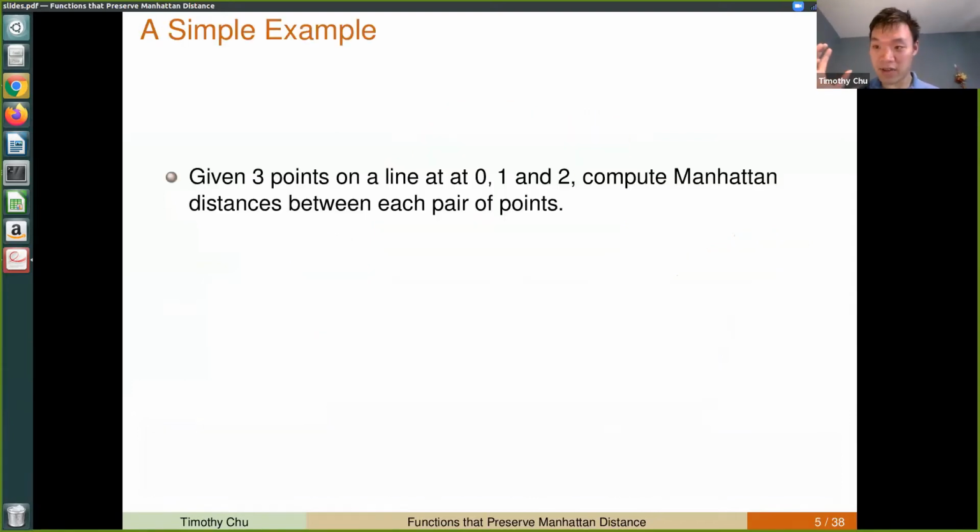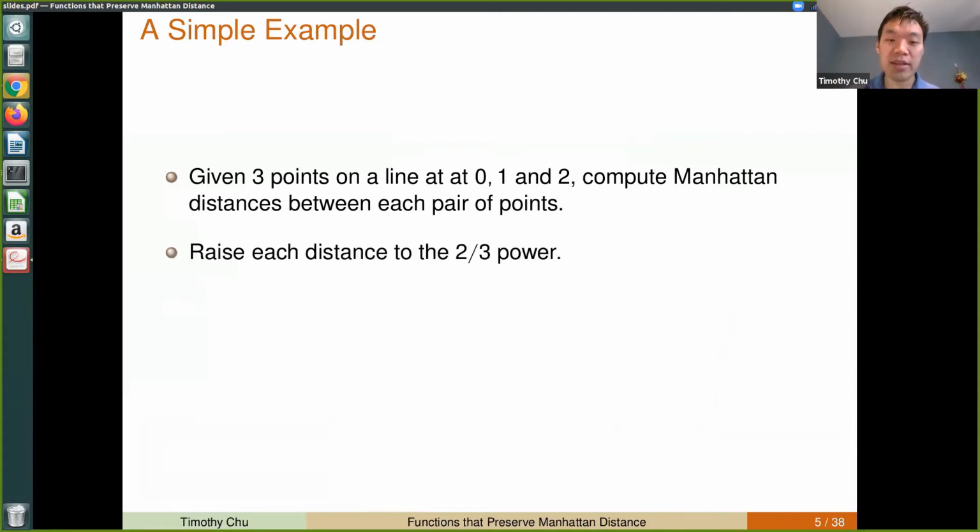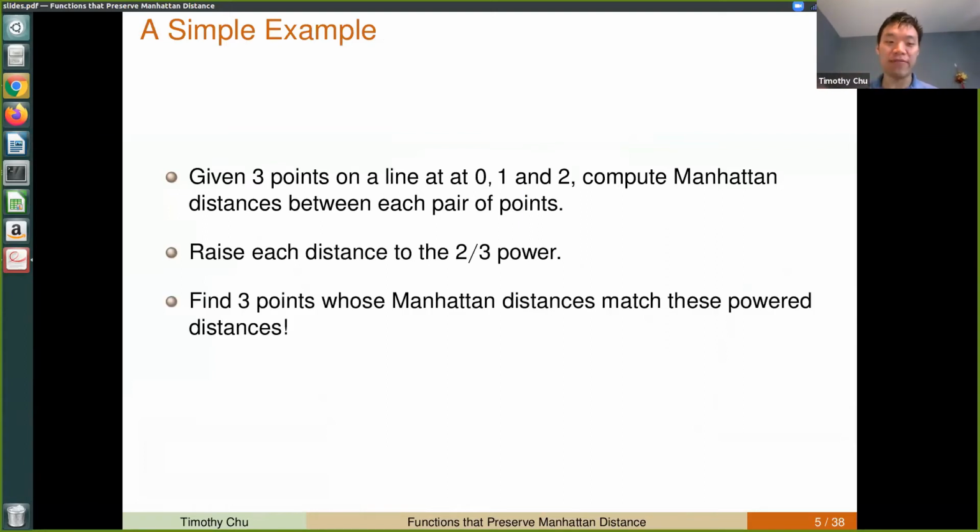Before I dive into the details of the proof or the roadmap, let's try a very simple example. Let's say you're given 3 points on a line at 0, 1, and 2. You compute the Manhattan distances between each pair of points. Next, you raise each distance to the 2/3 power. And I want you to find 3 points whose Manhattan distances match these power distances. I'm going to give everybody in the audience a couple minutes to think about this.